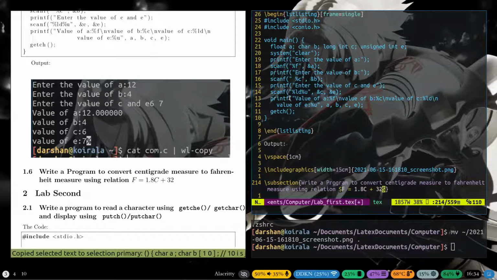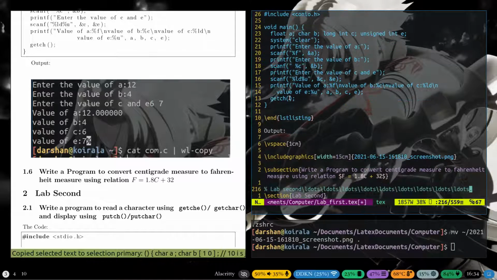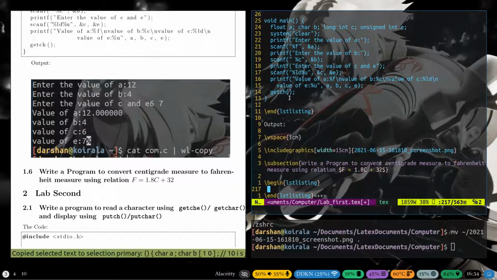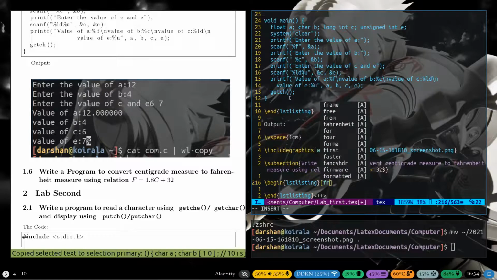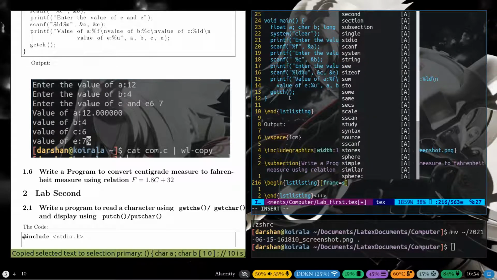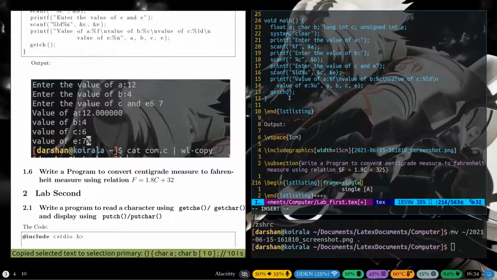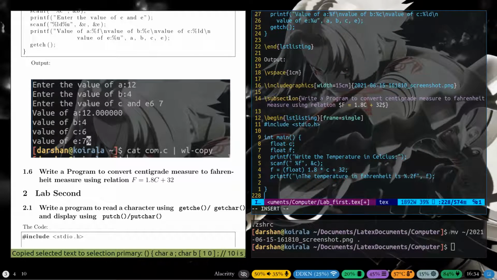Now what I'm going to do is the same thing: listing, frame is single, and paste the thing that is being copied.